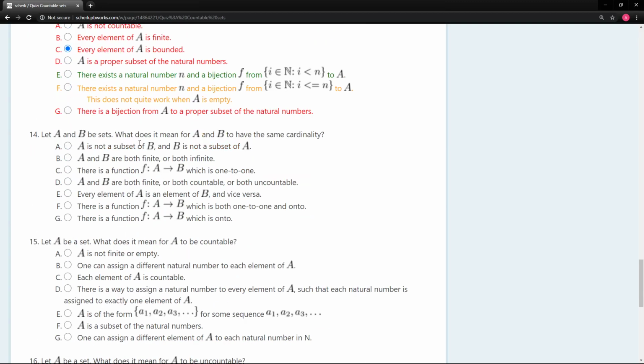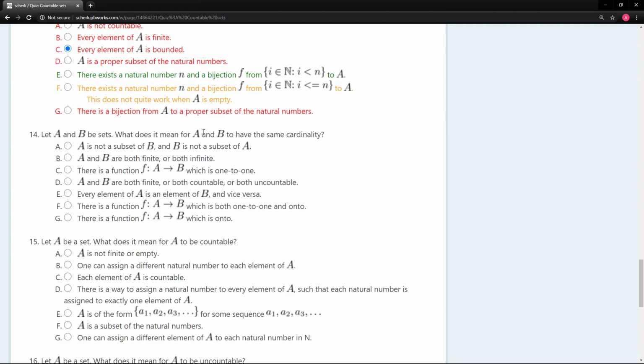Let A and B be sets. What does it mean for A and B to have the same cardinality? If I haven't mentioned this before, this says that we have a bijection between them, right?